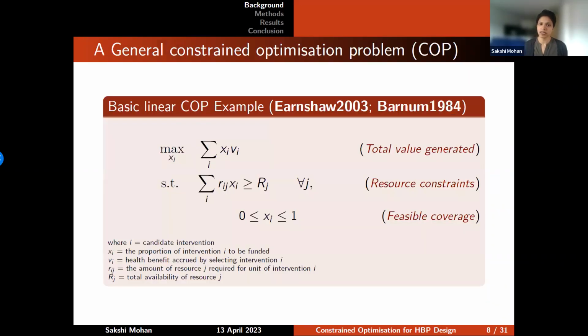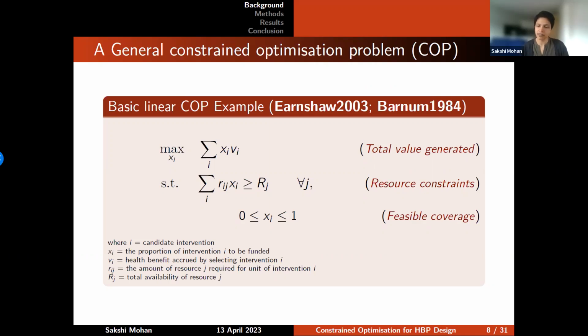So what does a general linear constraint optimization problem or a linear programming problem look like when applied to a health sector resource allocation issue? So in the linear programming problem that you see on the slide, the decision variable is xi, and that represents the proportion of intervention i which is funded.